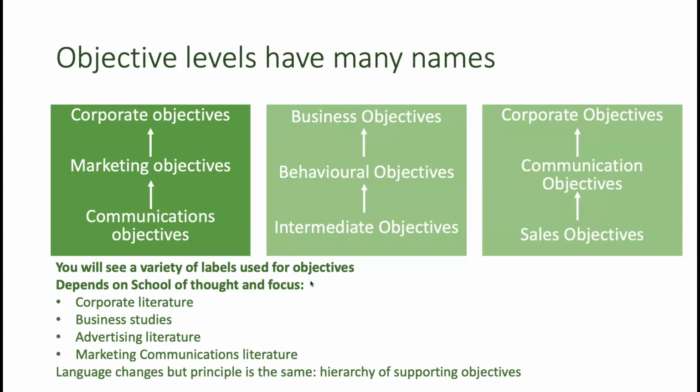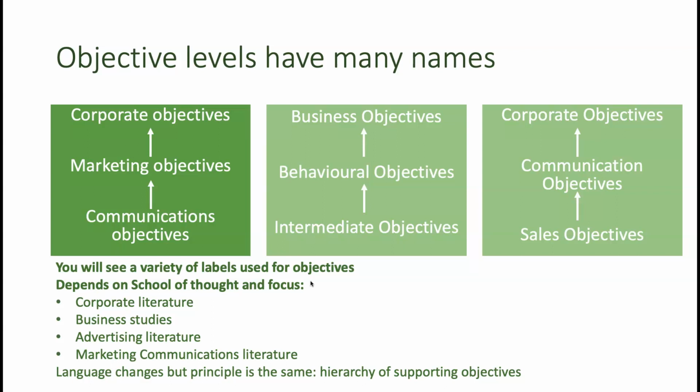So if they're from a very corporate school of thought, where they're studying large corporate organizations, perhaps multinationals, you will see the word corporate a lot, and you'll see a lot of language concerned with brand and market penetration, etc. If the writer and the school of thought is concerned with business, again, it will be around sales and terminology around business objectives.